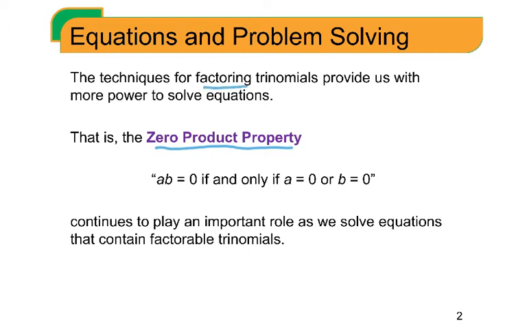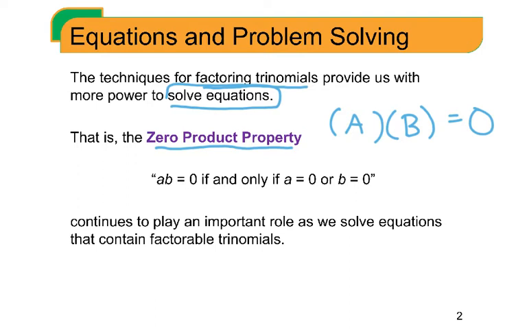The reason that we've been spending all this time on learning how to factor, and in particular factor trinomials, is because to solve equations that are greater than degree 1, we have to use this zero product property, which tells us if you have this expression and this expression, if they're multiplied together and equal 0, then either this first set of parentheses is 0 or the second set.